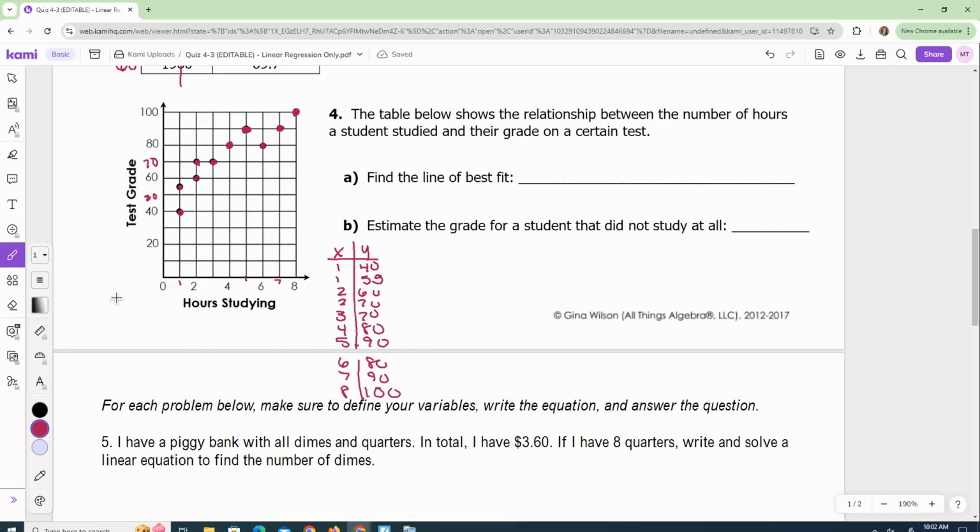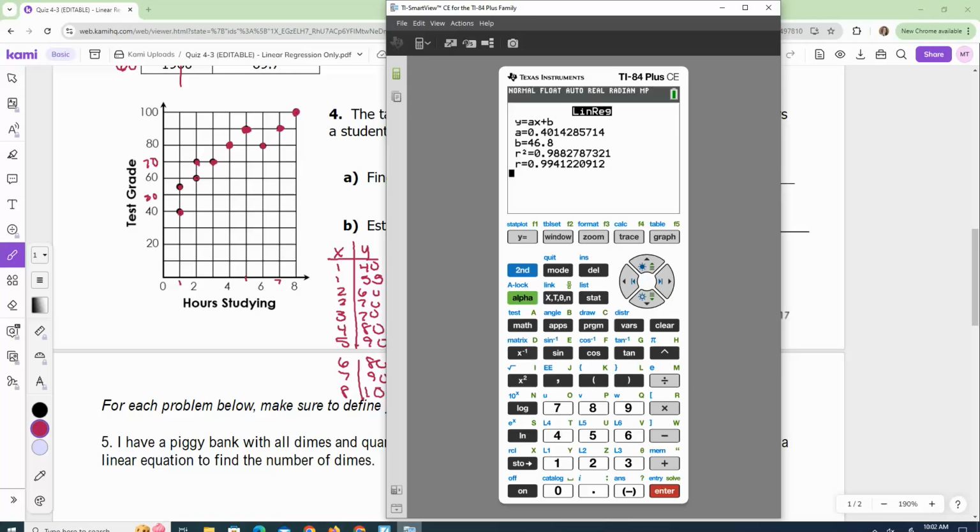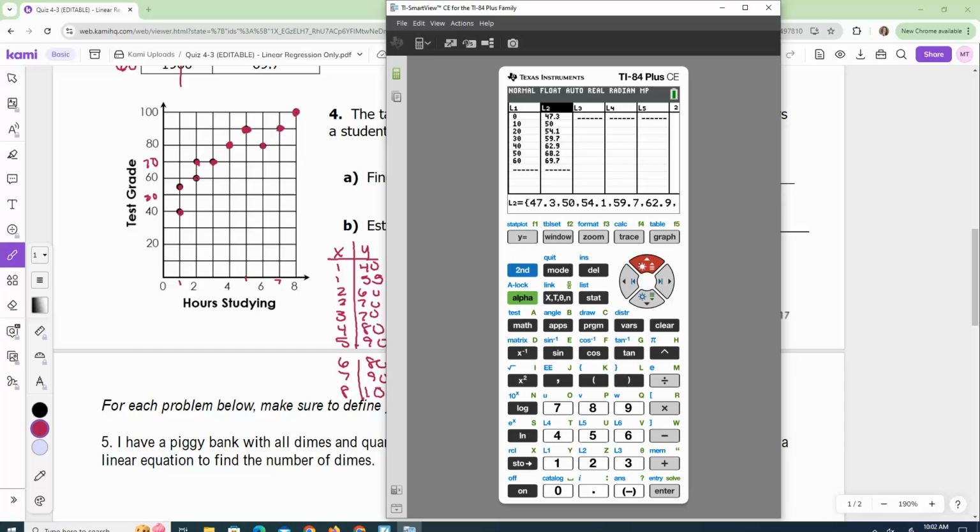Okay, so those are the points you enter in your calculator. So we had to be able to read this to get them. So clear out what's there.